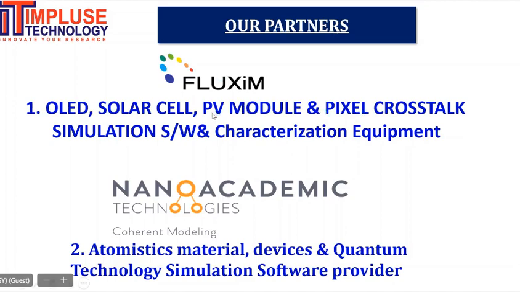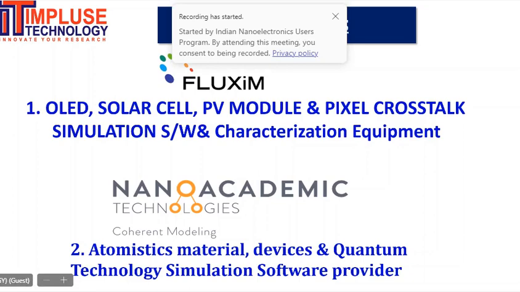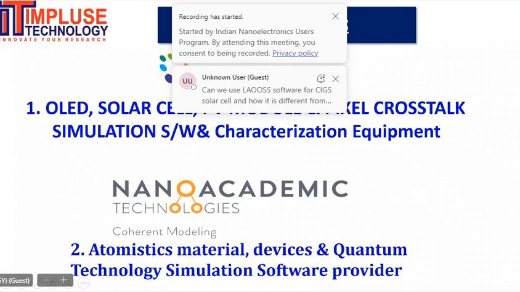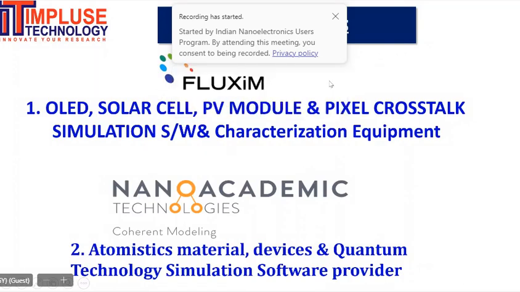I will go into the detail in the coming slides. Apart from that, for those who work on atomic scale modeling, DFT calculations, nano material and nano device calculations, we have a nano academic technology partner that provides atomistic, nanoscale, crystal material and device simulation using density functional theory and perturbation with quantum transport calculations. At the micro level, Fluxim is the partner where you can simulate micro level device structures, including array and PV module applications.